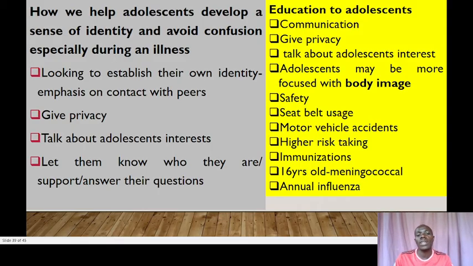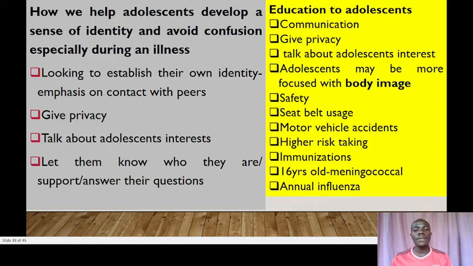Talk about adolescent interests, like some could be talking about football, about self. So let them know who they are, support them, answer their questions so that they can be happy about it. In terms of education, help them improve communication with their parents and with their peers, give them some privacy. Talk about adolescent interests, and adolescents may be more focused on body image.